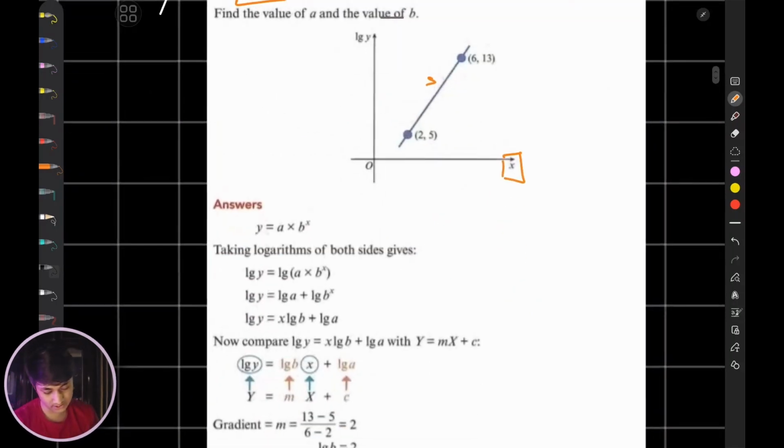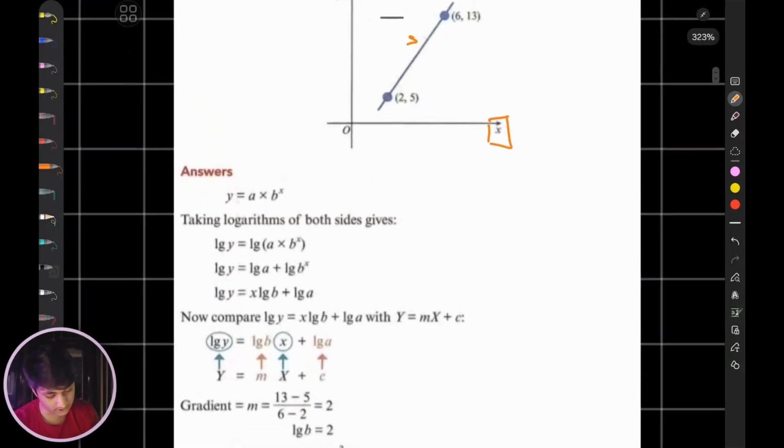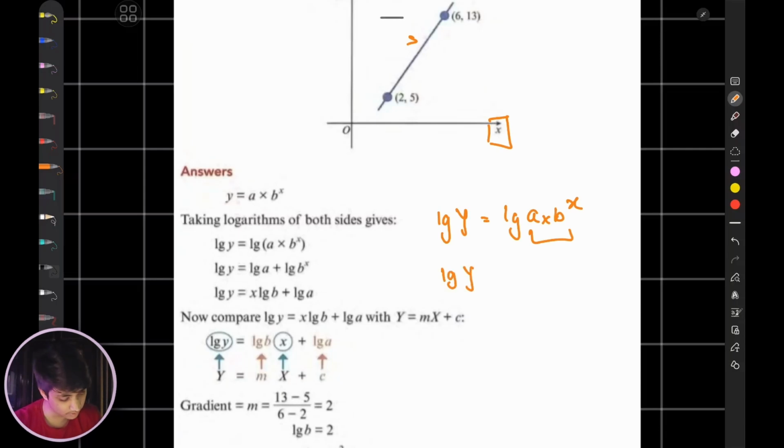So now how do you do this? Very simple. You're going to take log y over here, log a times b to the power x. And what did I tell about breaking the terms out? If you have the same base, you can break the two terms apart. Great. So LGY is going to be LGA plus LG of b to the power x. And what did I tell about bringing the power in front of the logarithm?